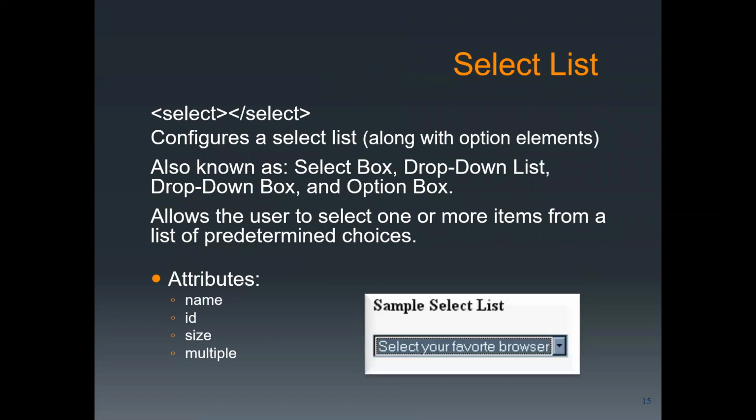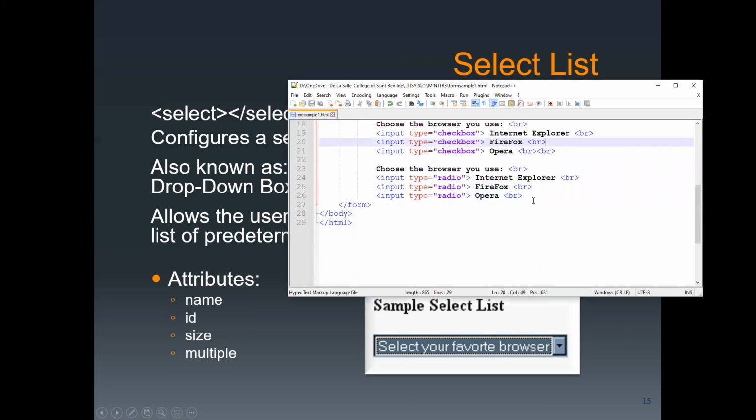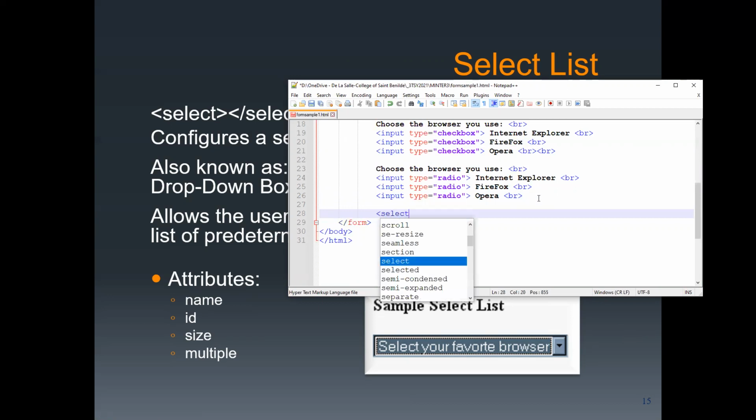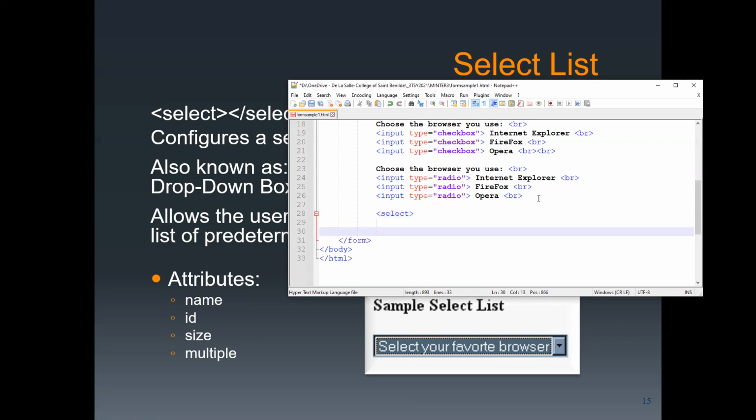Sa select naman, list down, ito mangyayari, list down. Hindi siya input, select ang pangalan. So si select, meron siyang opening tsaka closing tag.